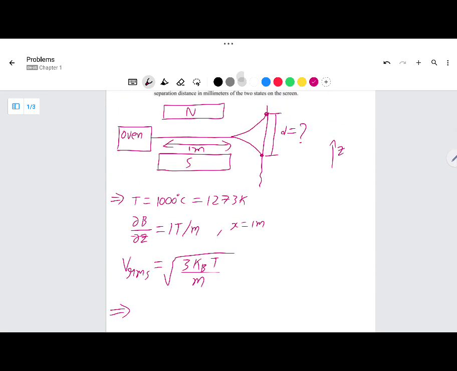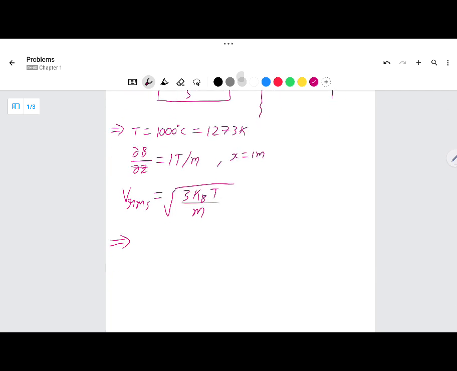From the diagram we can understand that when these atoms are moving through this part, they are experiencing some force. So how do we find this force? When there is an object which contains some finite amount of magnetic moment and there is a magnetic field present, there is some kind of interaction energy.